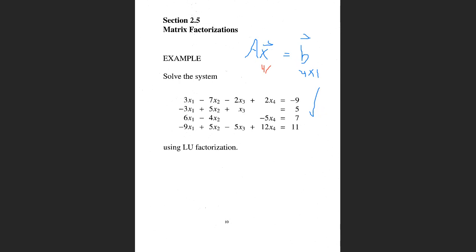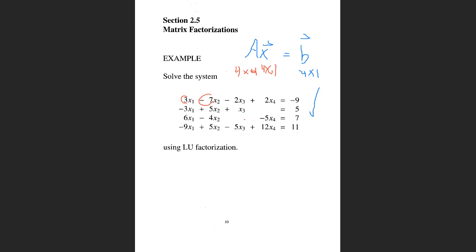And so the matrix A has to be, what are the dimensions on the matrix A? Good, Abby. 4 by 4. And of course, the matrix A is the coefficient matrix that contains all the coefficients for this problem.